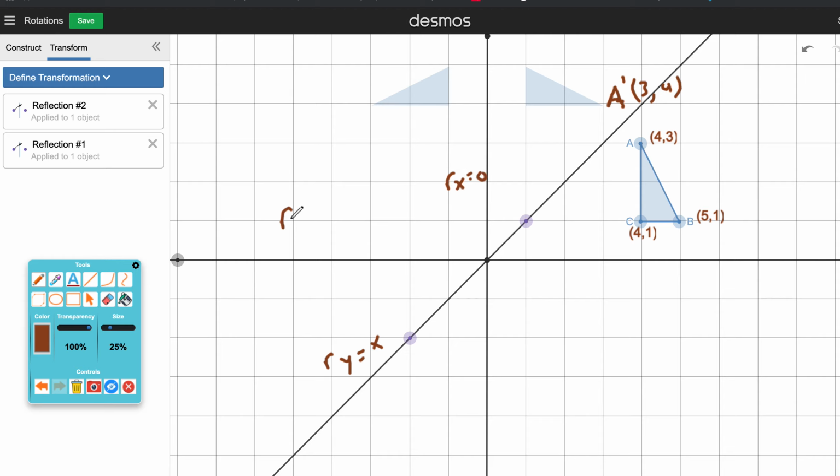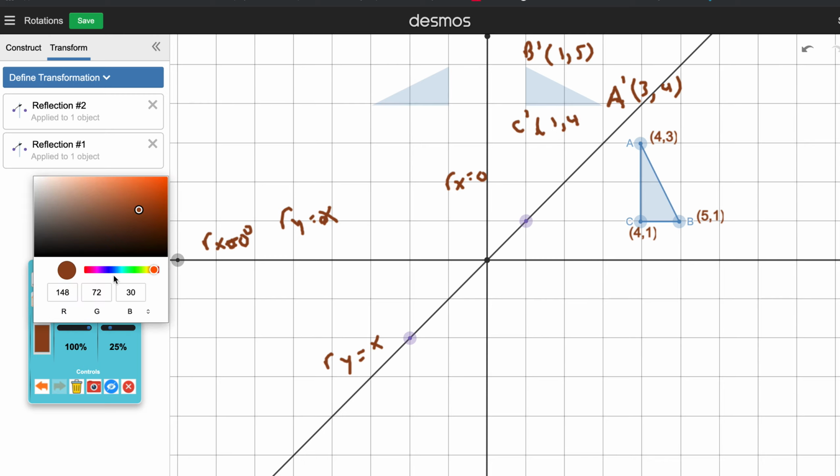So we're doing a reflection over y equals x, and then a reflection over x equals 0. Now, this becomes A prime. Of course, we know that this is B prime, which is 1, 5, and then C prime, which is 1, 4.